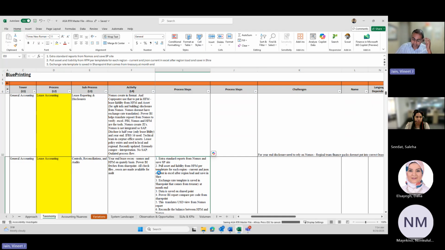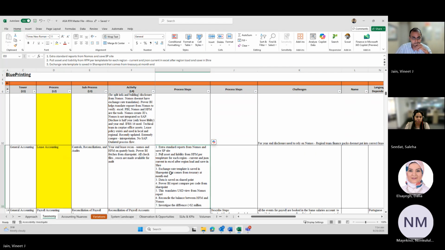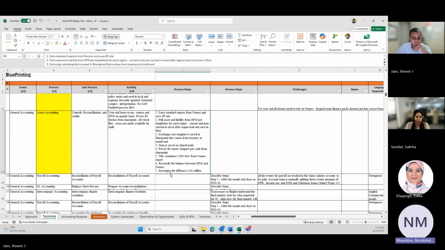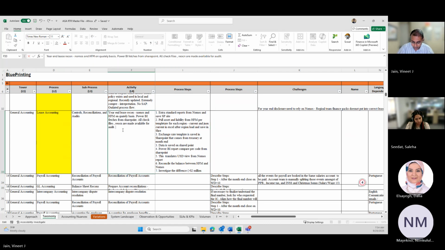So majorly two tasks are deadline based. The first is the processing of the lease by the 10th, and the second is the reconciliations and reporting. Yes, but the reconciliation is not monthly, it's quarterly. How many accounts are there in that recon?